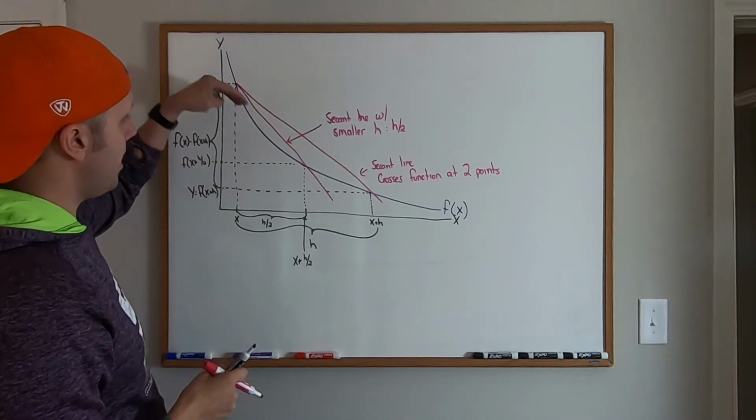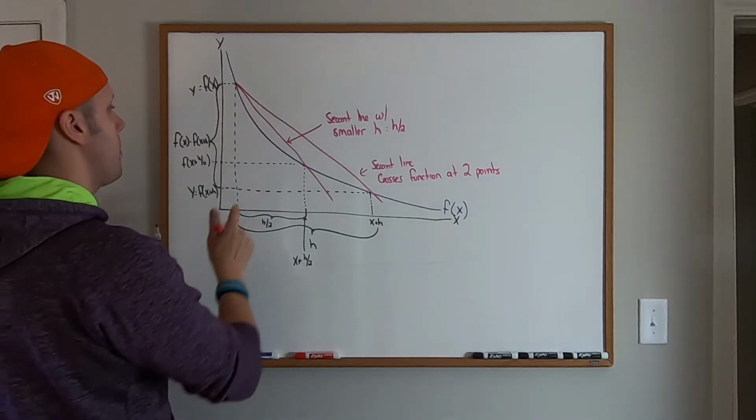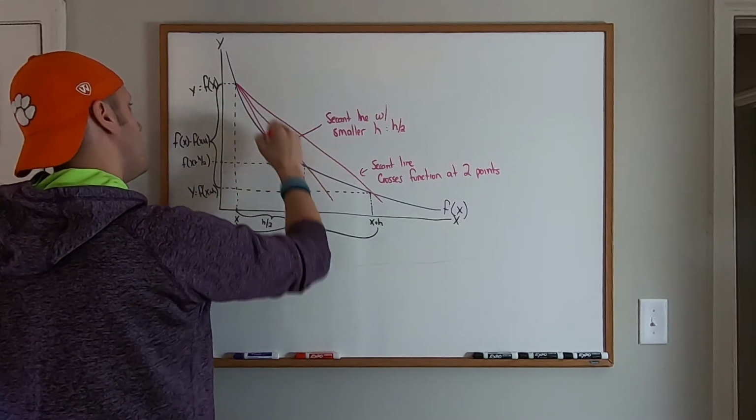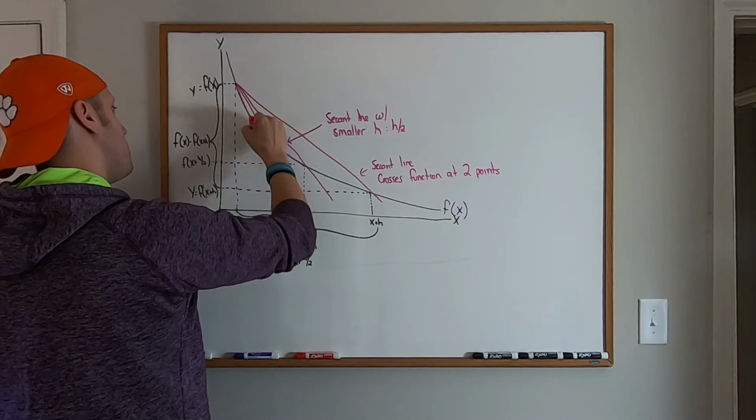All right, well, let's do this again. We can actually do this an infinite number of times. If I make that h a little bit smaller, I'll get this. If I make that h a little smaller, I'll get this.